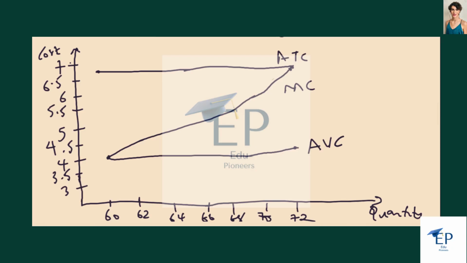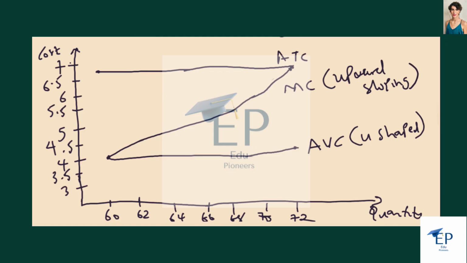So the average variable cost, which is this, lies below the average total cost, which is this, and it is U-shaped. And the marginal cost is an addition to the total cost when an extra unit of output is produced, and it is upward sloping. So that's what we can observe.